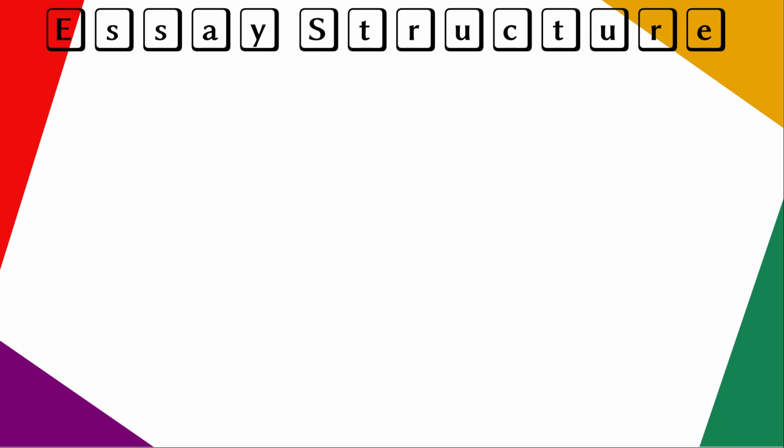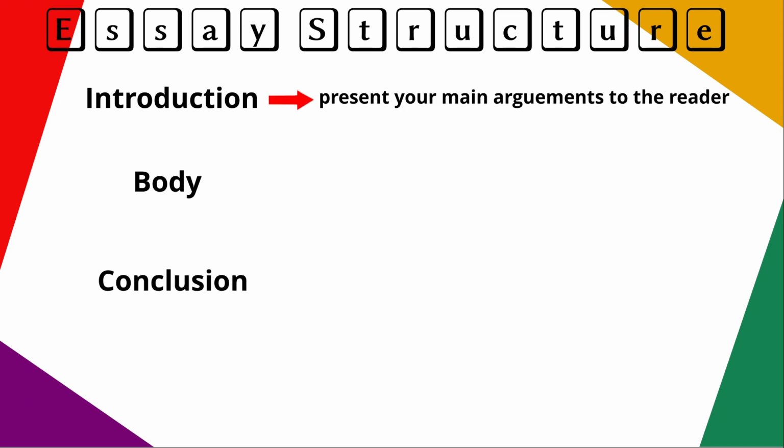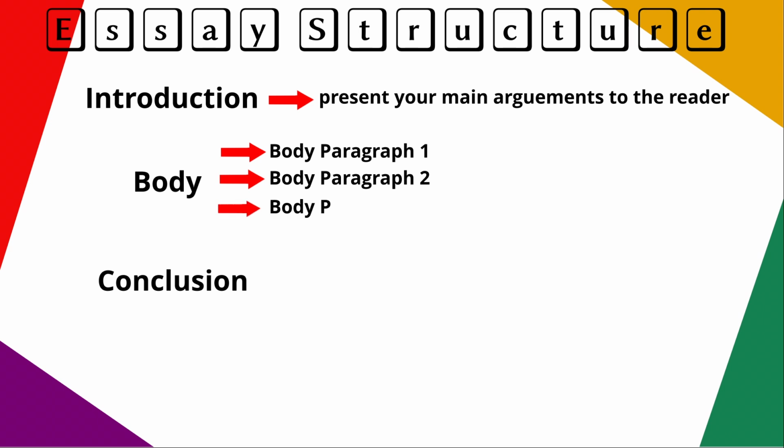Basic essay structure consists of 3 major parts: an introduction, a body section, and a conclusion. In the introduction, you present your main arguments or ideas to the reader. The body can be comprised of between 1 and 3 paragraphs depending on the number of arguments in the essay.